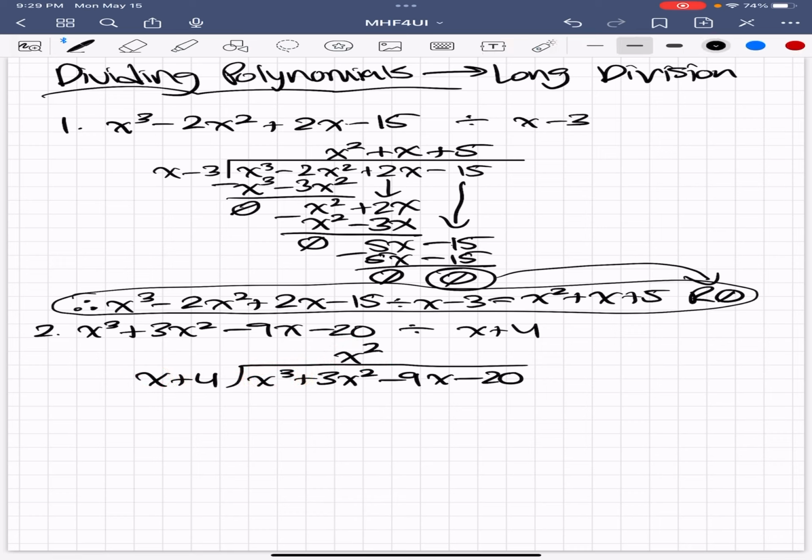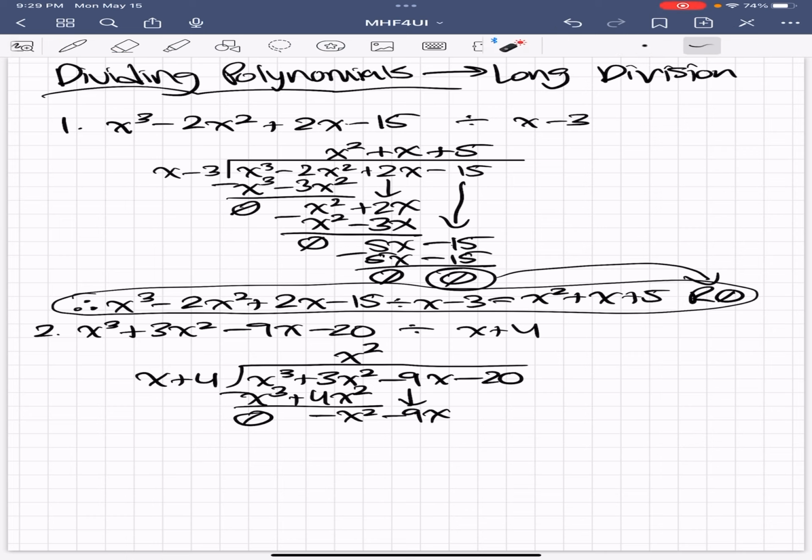X squared. What multiplied by x would get negative x squared? I'm thinking negative x times x is negative x squared.